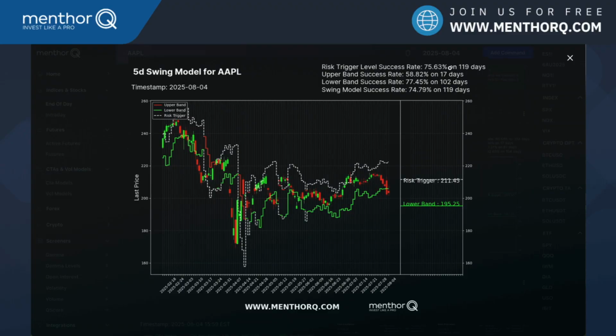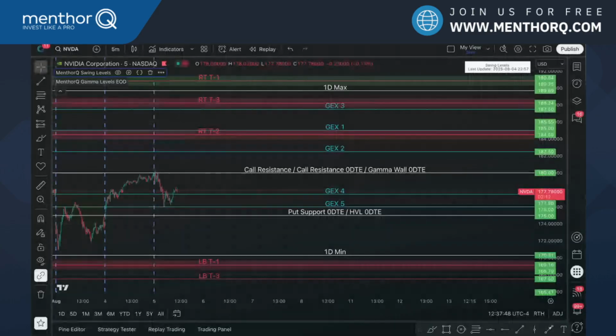So you know that on 75% of the days, if we have a lower band, the price would close below the risk trigger on 75% of the days in the 5 days in the future. So here you have the swing model. So whenever you see a price kind of reacting right here, you can use this level to create kind of like your roadmap. So very, very nice and easy.